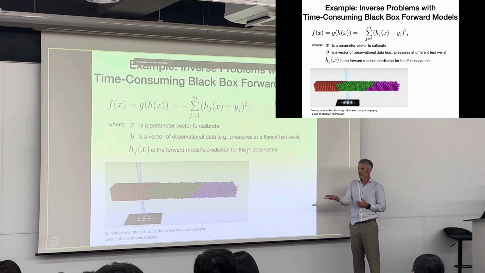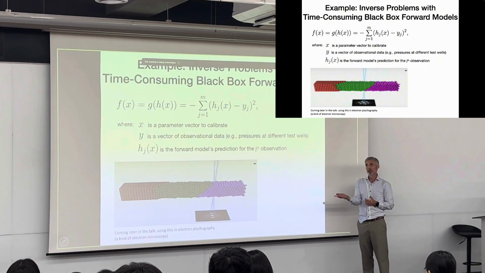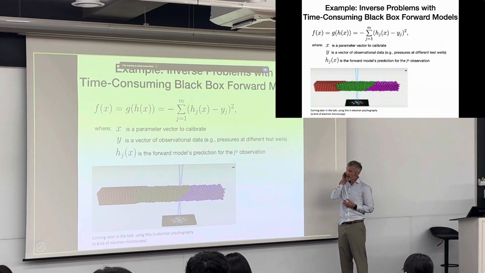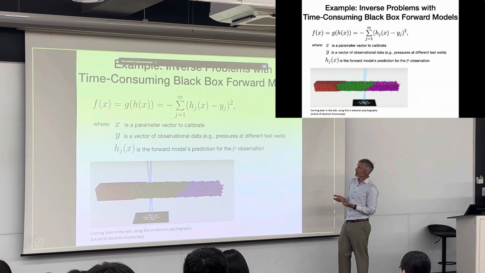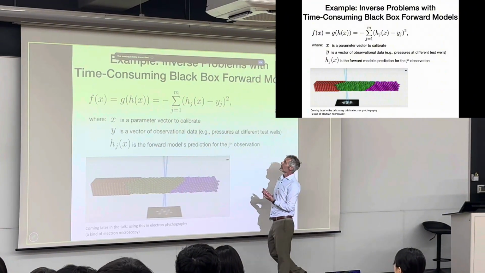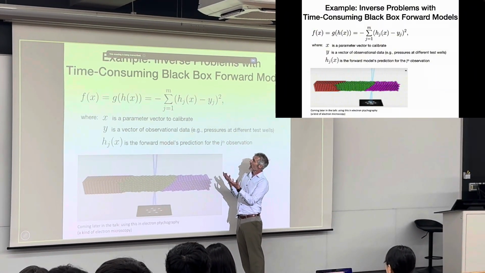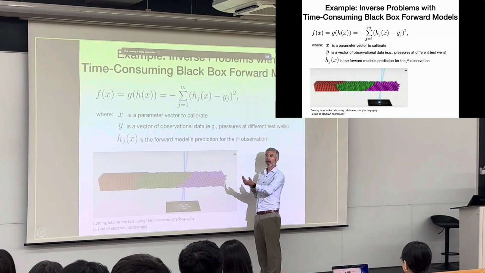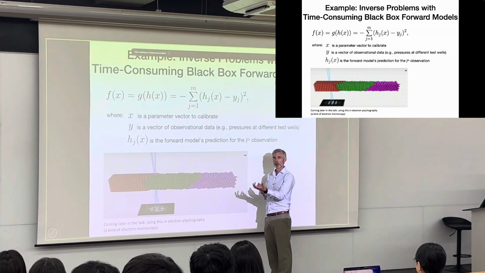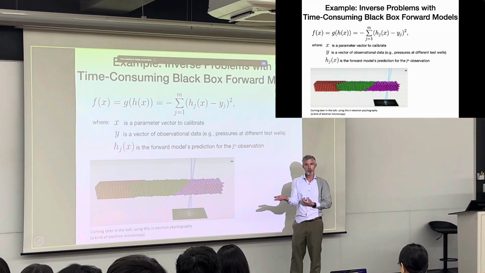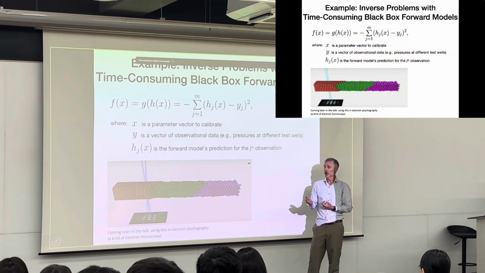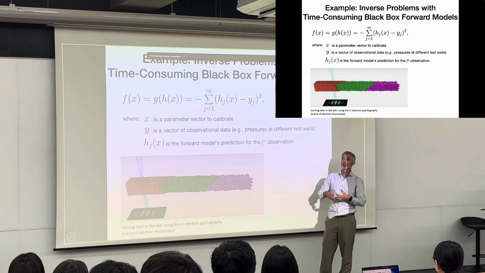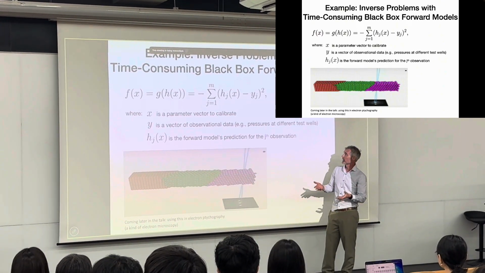So it's basically the position of the stage through which electrons shine in the experiment. And they have a simulator H that, when you propose a vector X of real world parameters that are governing the shape of this stage in the electron microscope, makes predictions for different statistics that we should observe in reality.